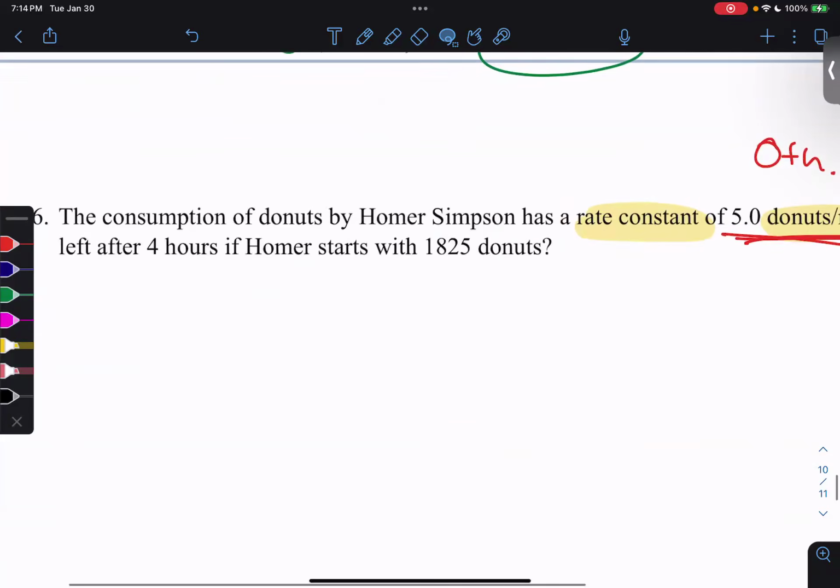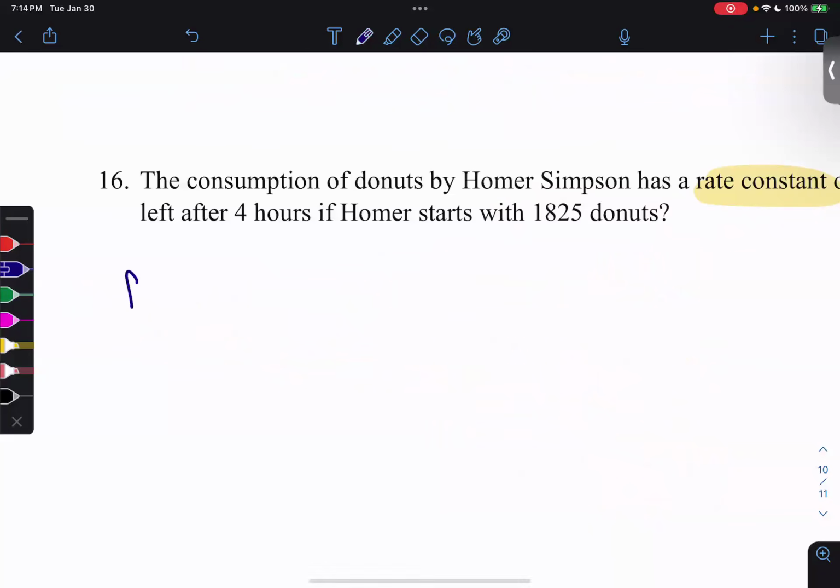It's donuts per minute. So 0th order: concentration of stuff at a certain time, in this case donuts, equals, I don't even know what it is. What is it? Yeah, concentration at some time is concentration initially minus kt.